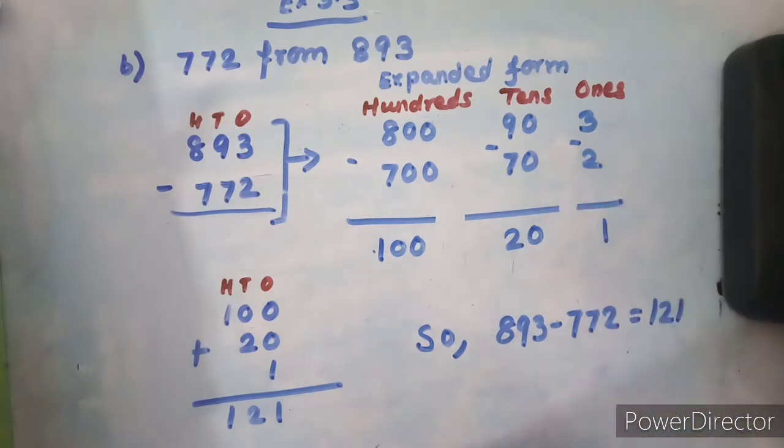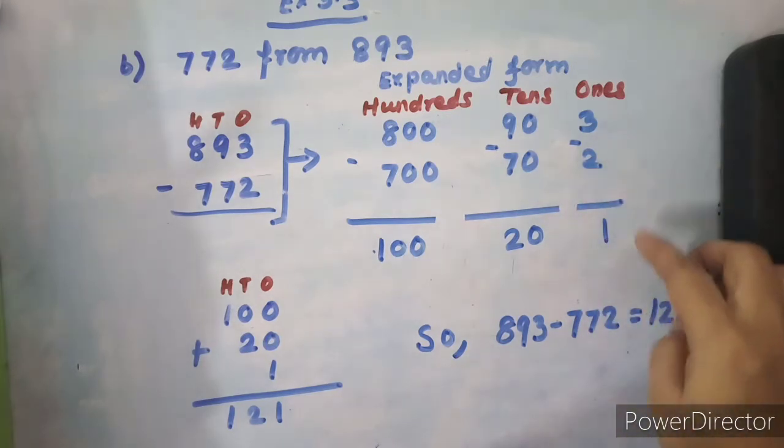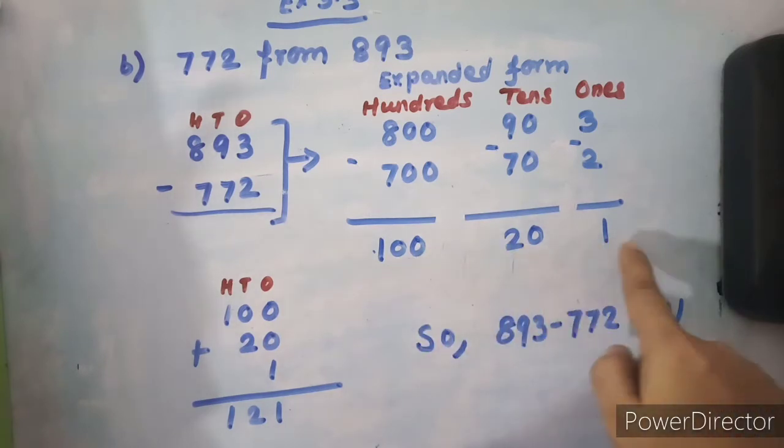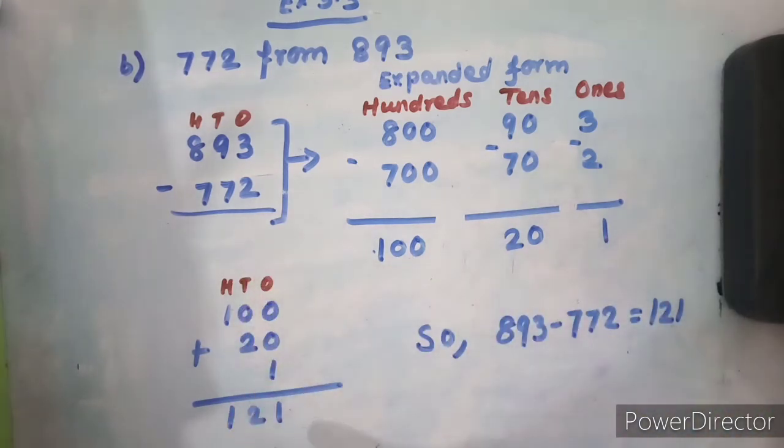Then I have subtracted: 3 minus 2, then 90 minus 70, and 800 minus 700. Whatever differences I got, I have written in a vertical manner and then added them, and I have written the answer: 893 minus 772 will give you 121. Okay, so this is your second question.